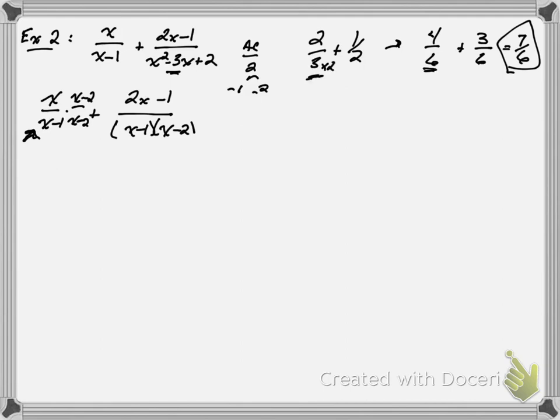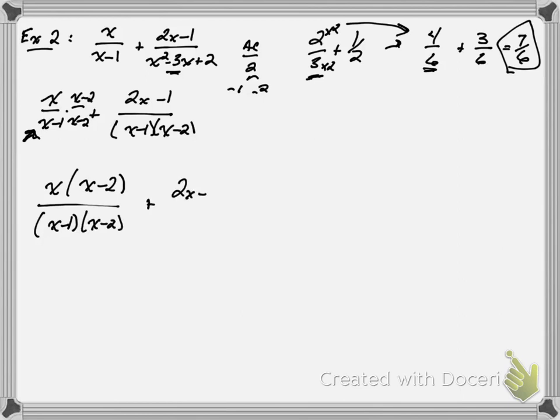What else do you have to do? You have to multiply the top by 2, right? That's how you got to the 4. Same difference here. So what I end up with is x times x minus 2 over x minus 1 times x minus 2 plus 2x minus 1 over x minus 1 times x minus 2.